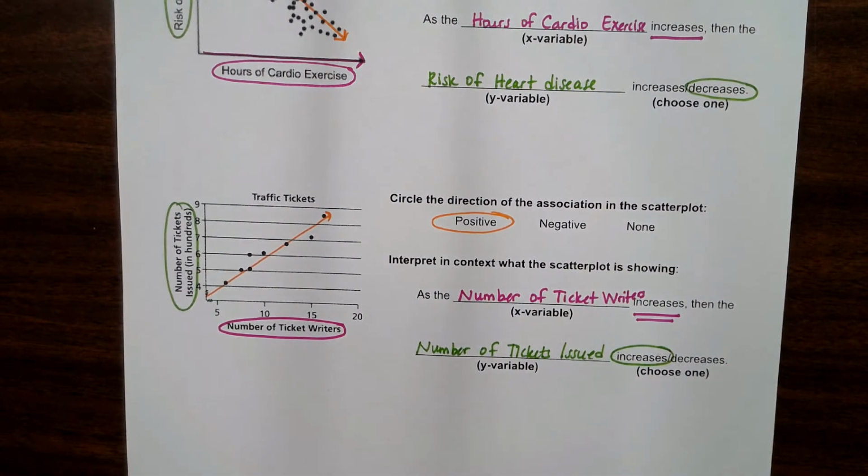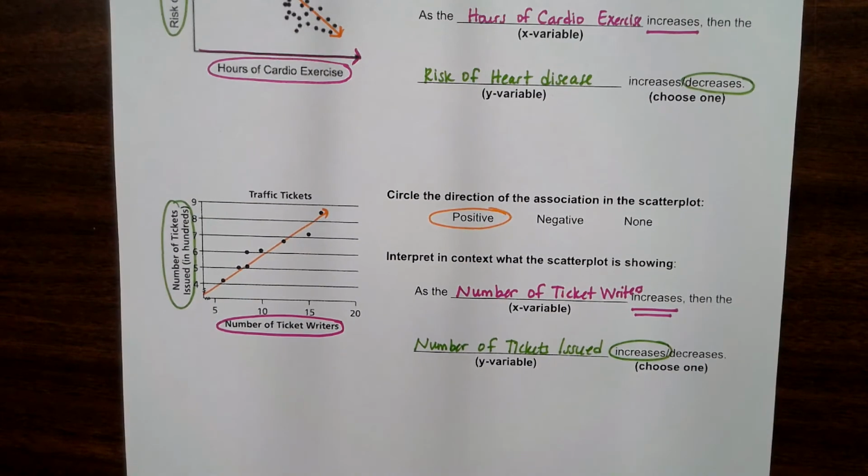So as the number of ticket writers increases, the number of tickets issued increases, which makes sense. If you have more people looking for people to write tickets to, they're probably going to give out more tickets overall.